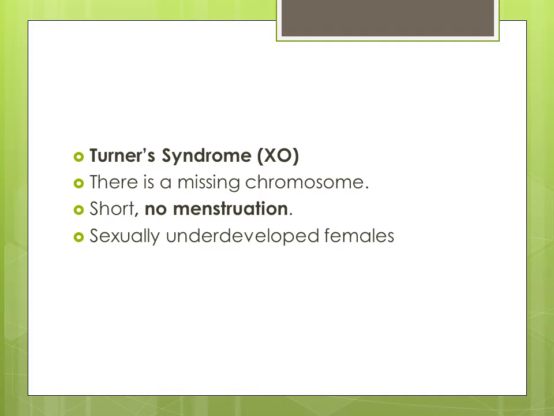I'm not sure if Mahal, the very famous actress who is short, is suffering from Turner syndrome. I'm not sure, but often these ladies who suffer from Turner syndrome are really short and do not have any menstruation.